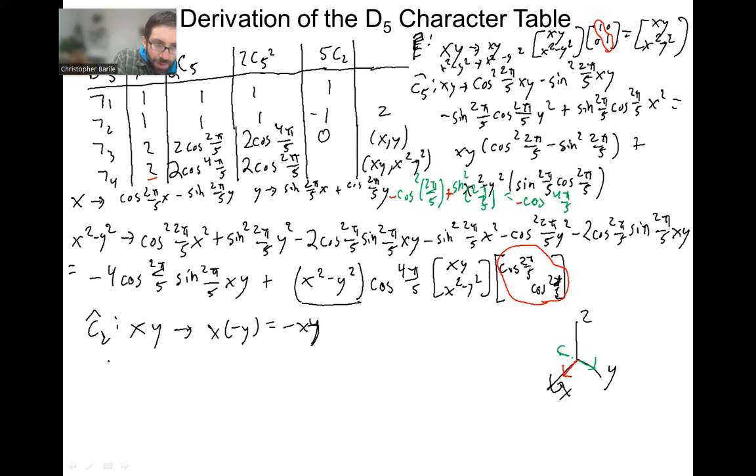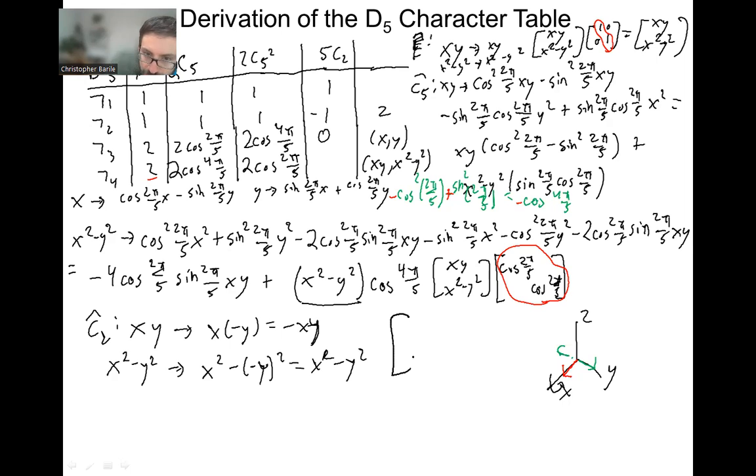But we know x squared minus y squared has to also be considered, because these two functions transform together. X went to x, so it went to x squared minus, quantity minus y, squared. And so that is x squared minus y squared.